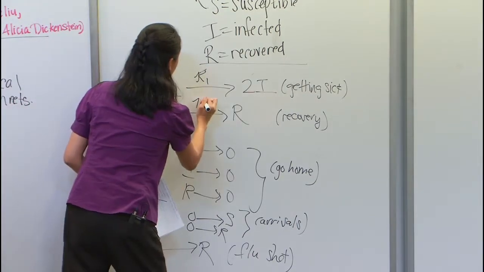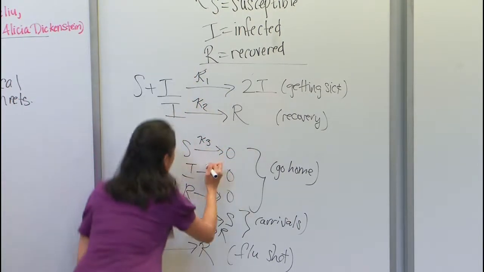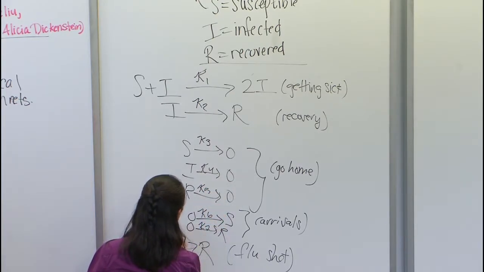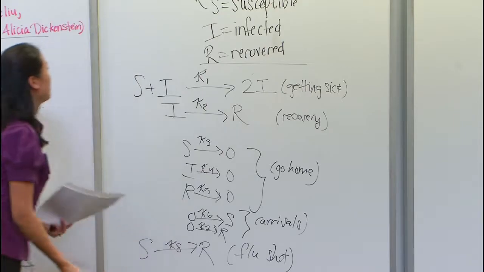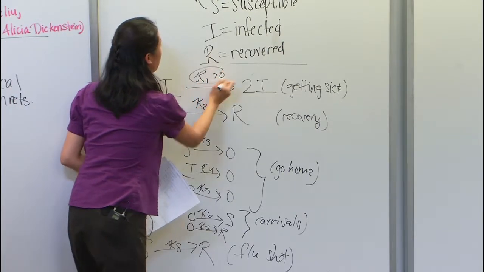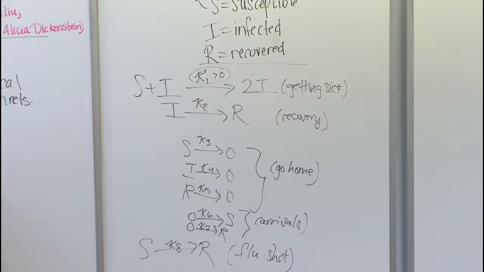So I want to call this kappa 1, kappa 2, kappa 3, kappa 4, kappa 5, kappa 6, kappa 7, and kappa 8. And so, for example, if all of you are washing your hands, kappa 1 you should think of as a very small but positive number, because you're not going to get infected compared to maybe people getting the flu shot.